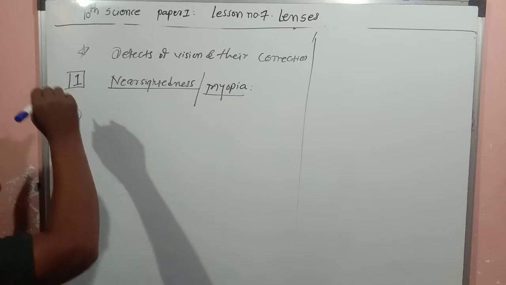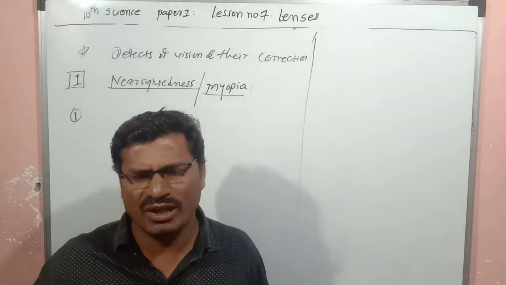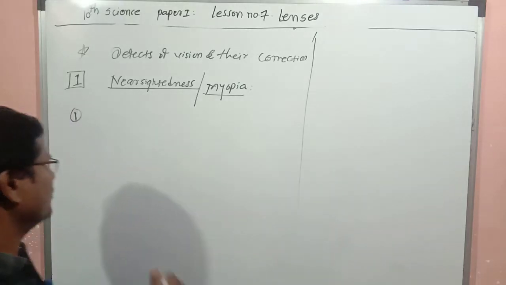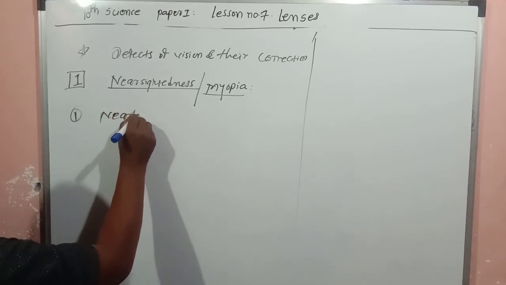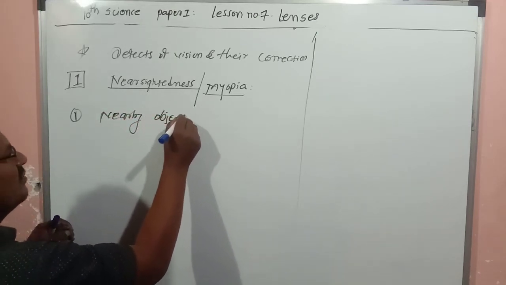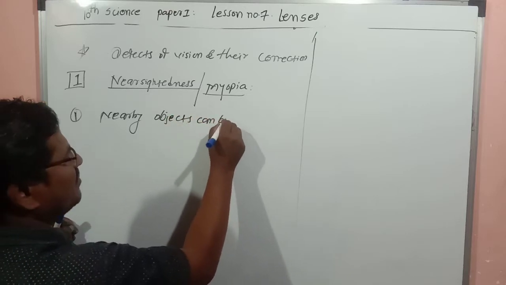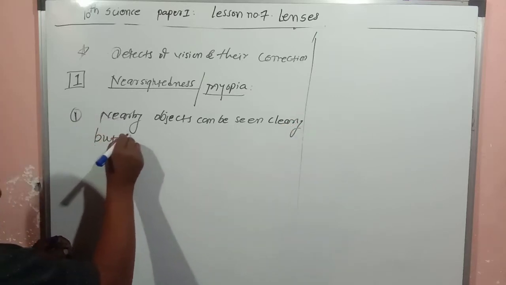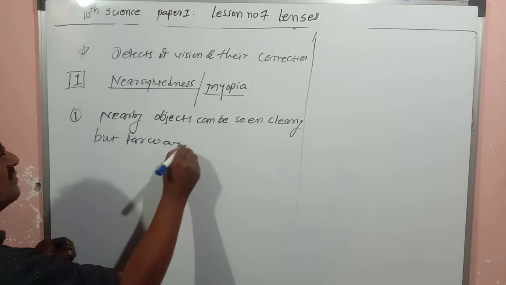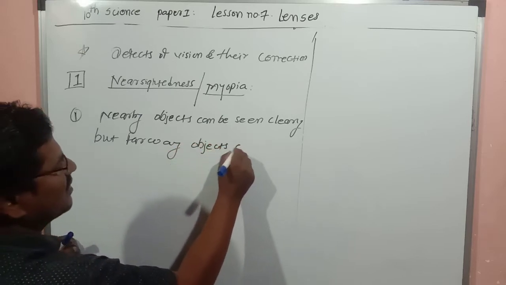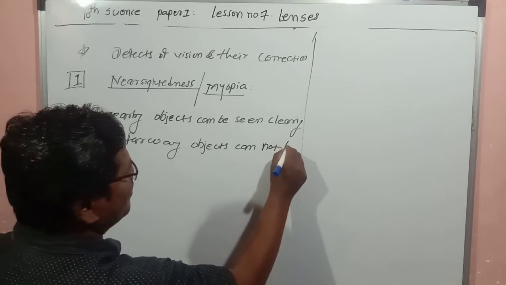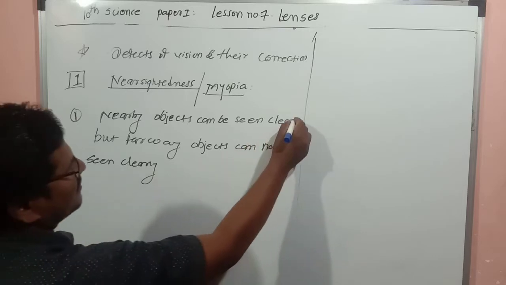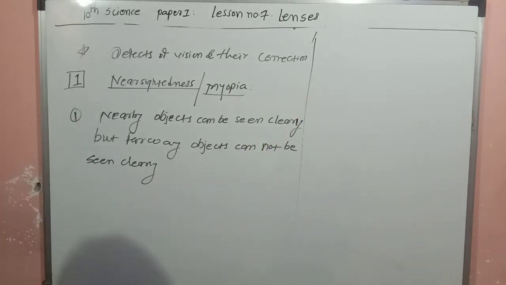First point, you have to remember: nearby objects can be seen clearly, but far away objects cannot be seen clearly.